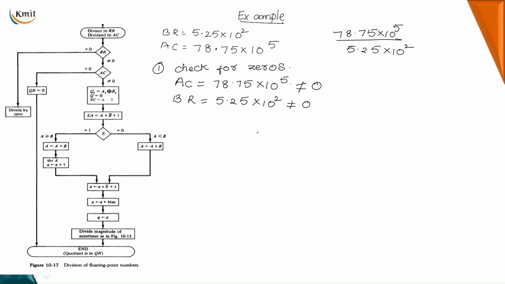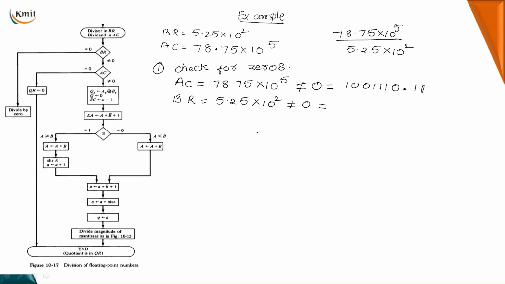Now let me convert these floating point numbers into a binary representation so that we can perform the division operation on binary data. The binary representation of 78 is 1001110, and for 0.75 the binary representation is 11.